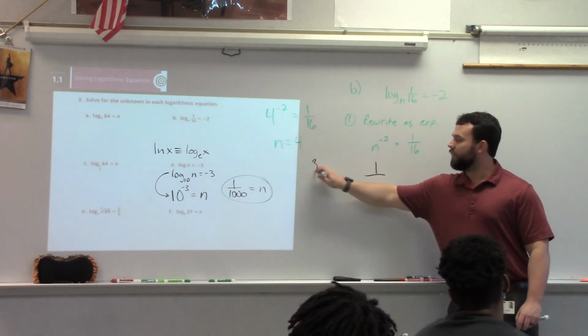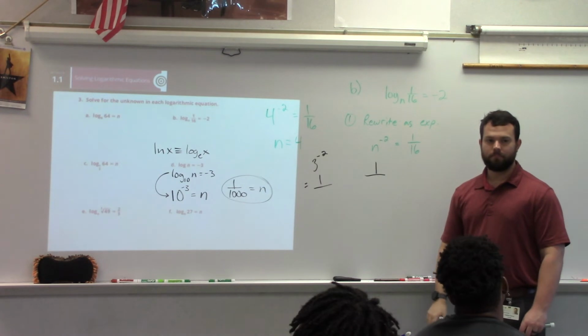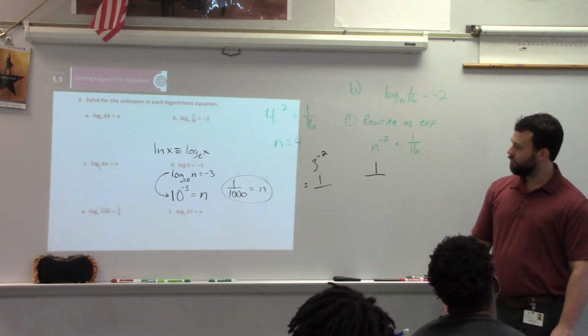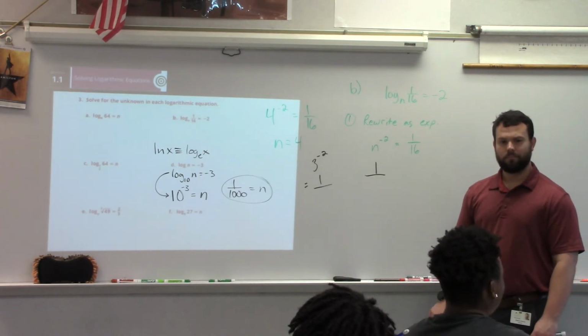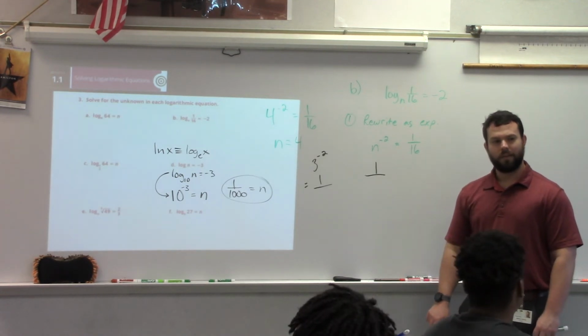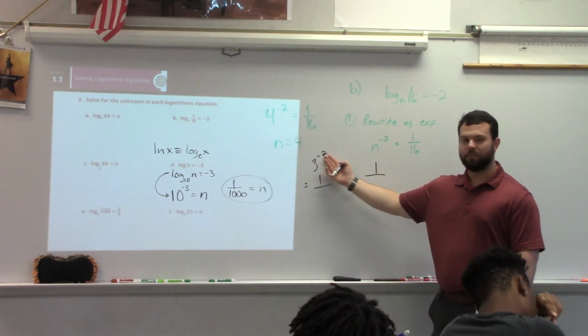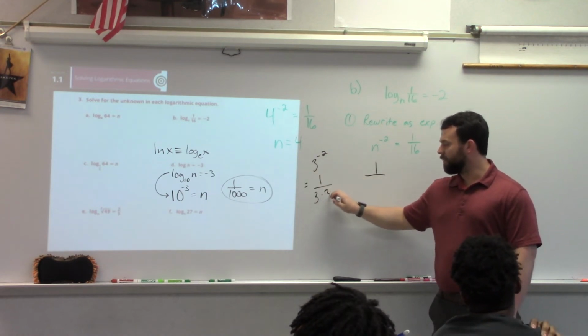If it was 3 to the -2, that would be 1 divided by what? Remember, that negative is telling me to divide, telling me how many times to divide. So I'm dividing by 3 twice.